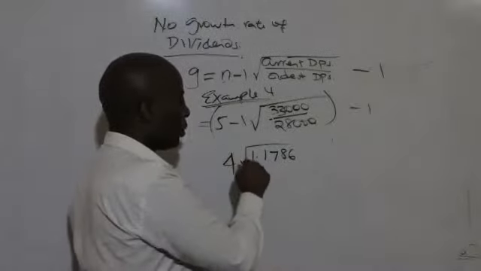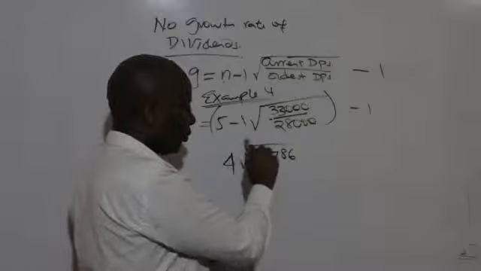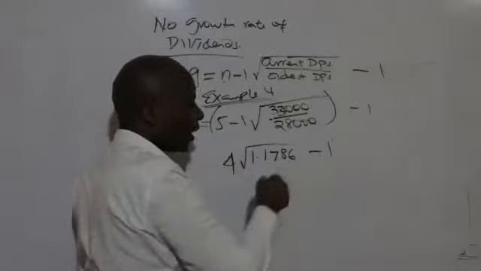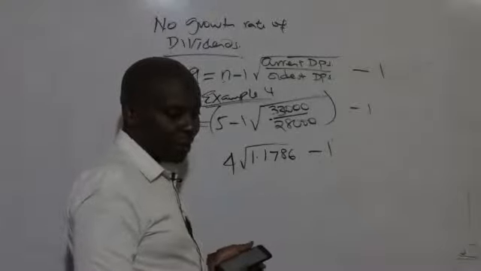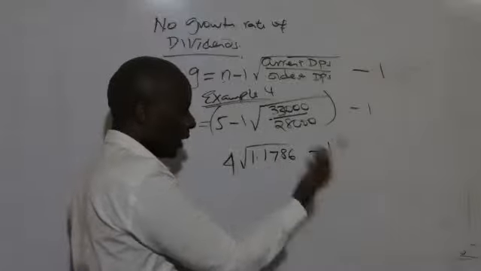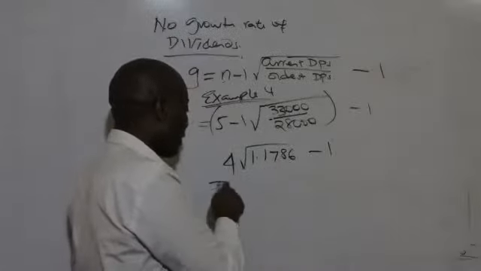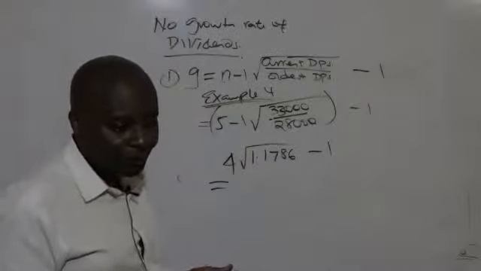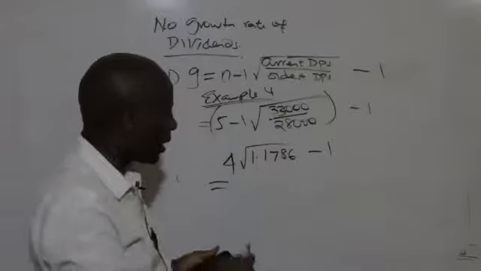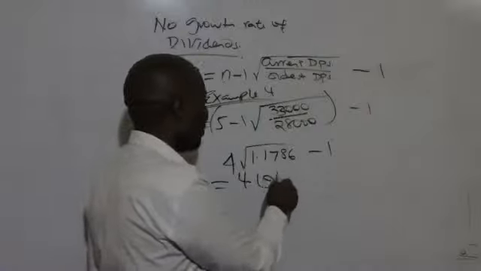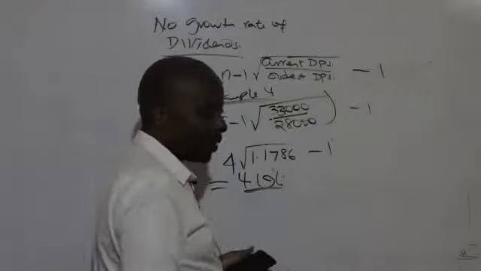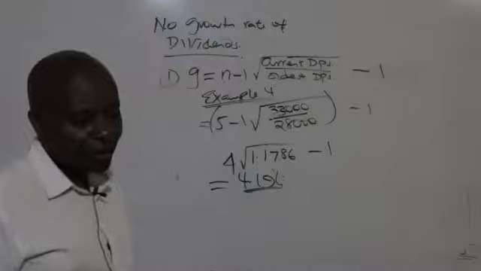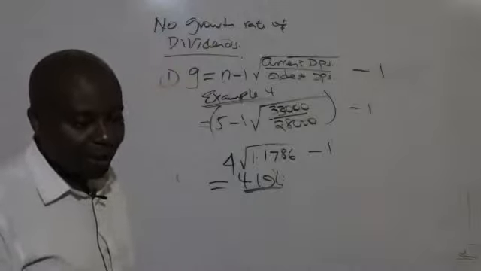And then on the fourth root of this figure, whatever I get there, I'll subtract 1. Could you kindly give me the final answer here? 4.19%. Is it coming from many students? I can see 4.19%.